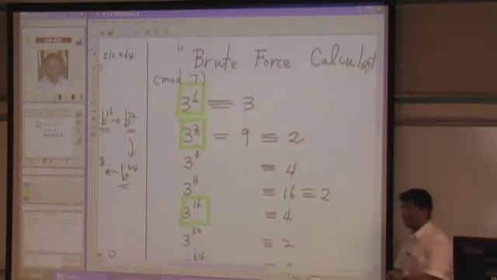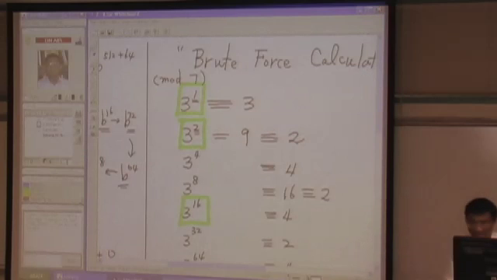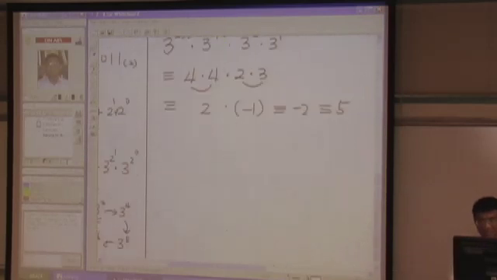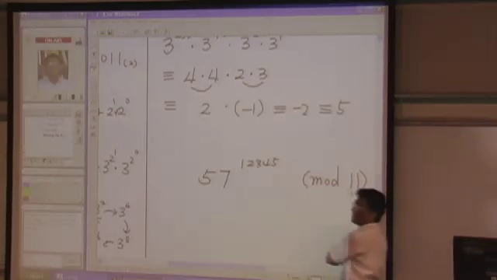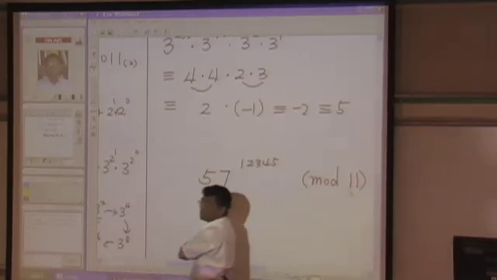On the exam, I may ask you, for instance, this kind of thing. Calculate... I may ask you to calculate this kind of thing. Then what should you do?